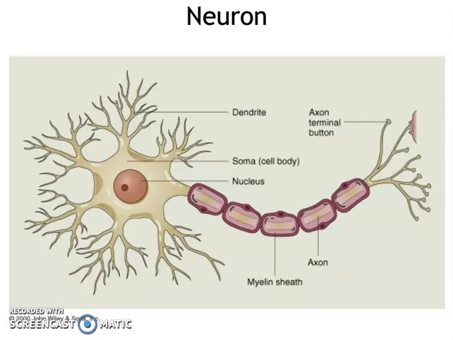The extensions from the soma include two different types. There are the dendrites, which take information from other cells and bring it to the cell. And then there's the axon, which sends information away from the cell.